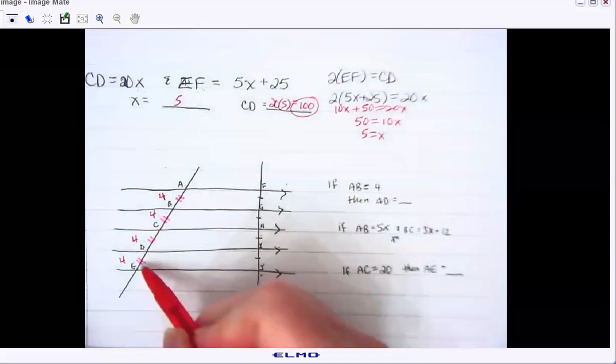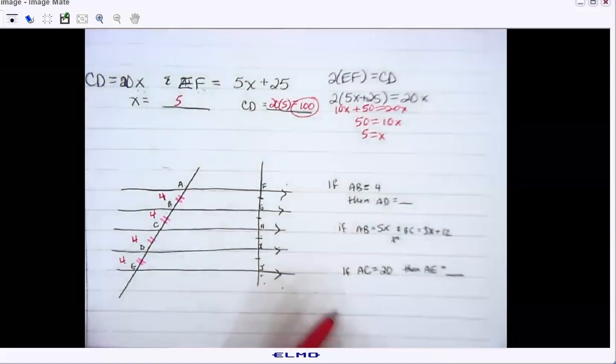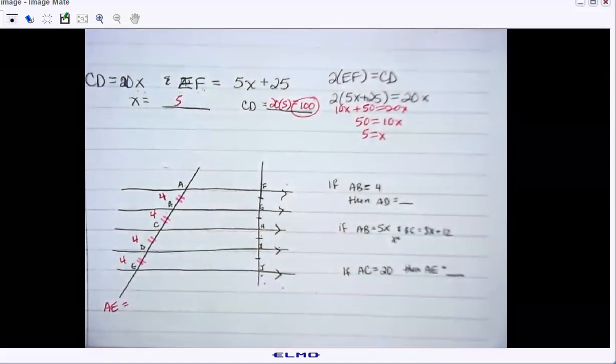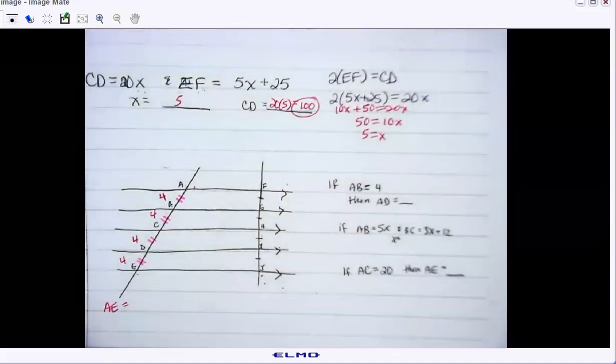So what does that make the distance from A to E? Okay, good. You people have it.